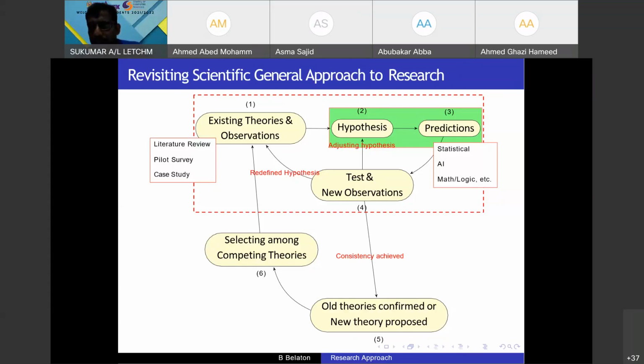Where does the problem statement and objective? What is the Raji? Can you talk, Raji? Sometimes I cannot see the questions. Raji, you are putting some question there. Sorry. Raji, can you someone read the question from Raji? Asma, can you read the question from Raji, please?